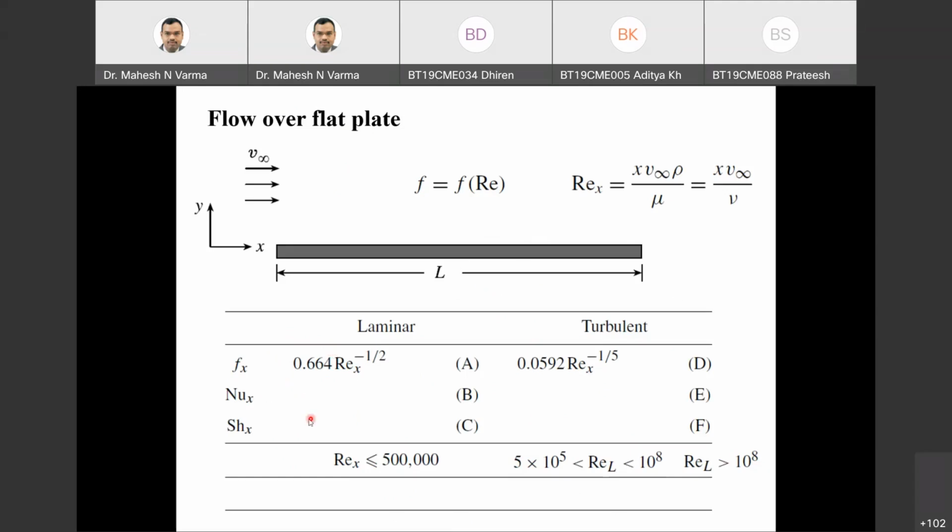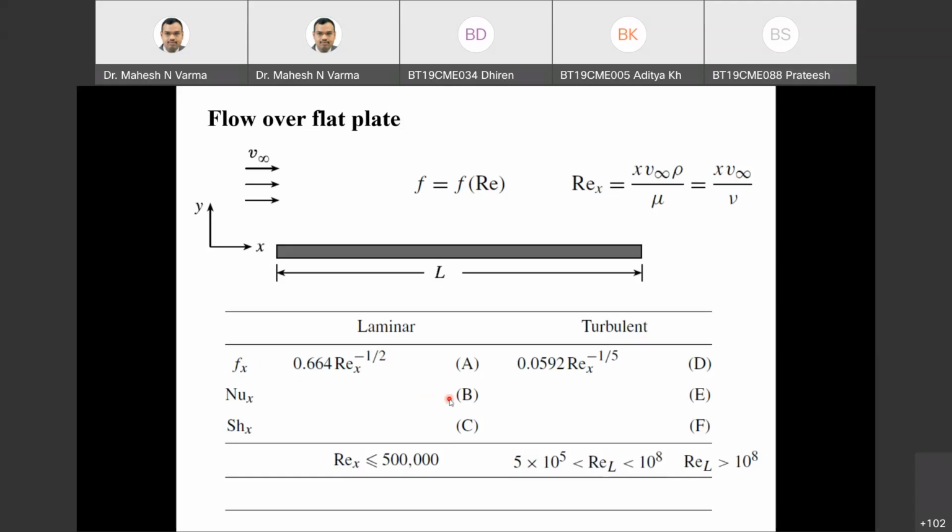You can use the Chilton-Colburn analogy, and you can get the equation for Nusselt number, because F by 2 equals Stanton number into Prandtl number raised to 2 by 3. F is given, so you can get the Nusselt number. Instead of Stanton number, you can use Reynolds number and Nusselt number. Using that correlation, you can get a local value of Nusselt number and local value of Sherwood number.